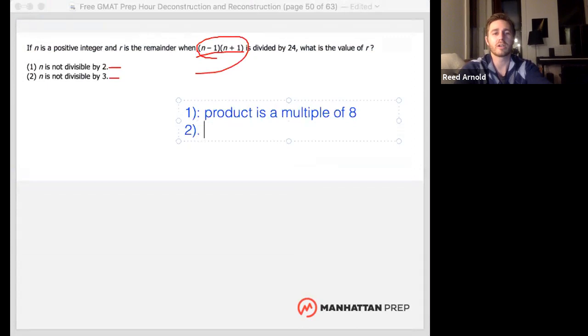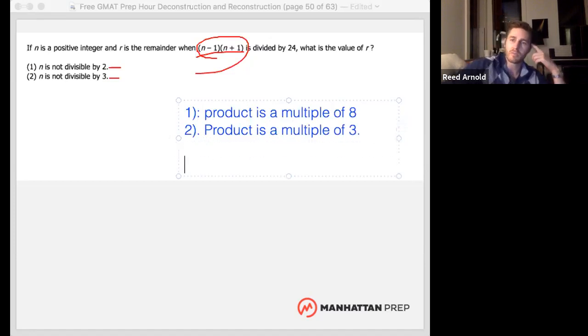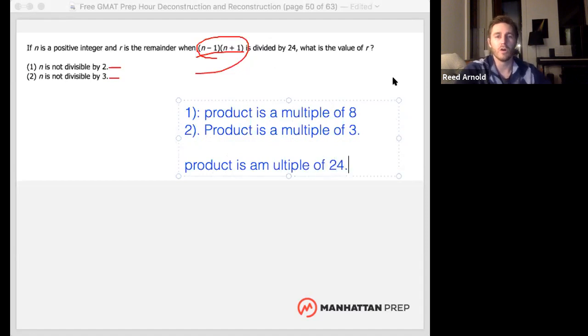Statement 2 tells me product is a multiple of 3. But what can you tell me about products that are multiples of 8 and 3? Product is a multiple of 24. So now to the actual question, what is the remainder when we divide by 24? 0. We have an answer.